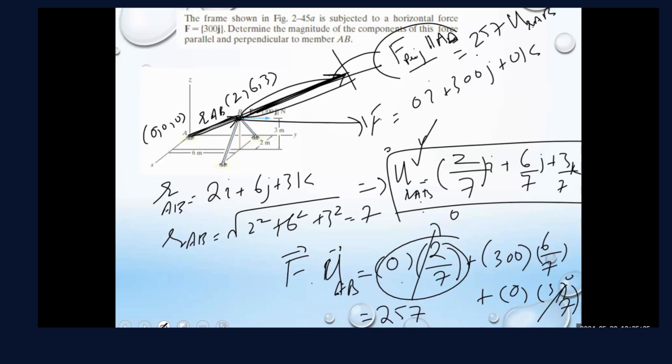So tell me what would be the vector when you multiply 257 with this unit vector? 73.4 i, 220.2, let's leave points, j, next one, 110.1 k, that's right.